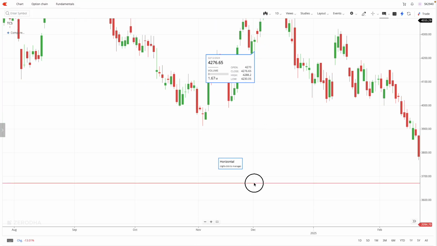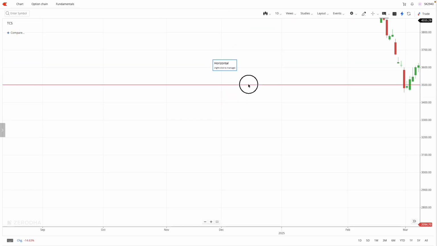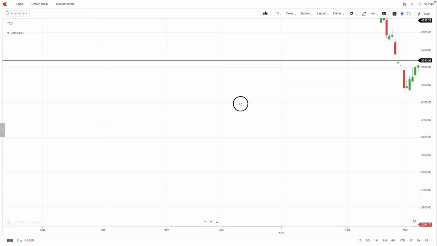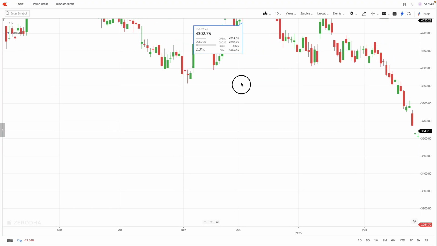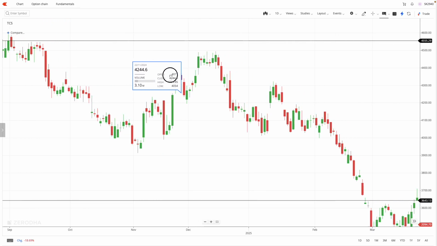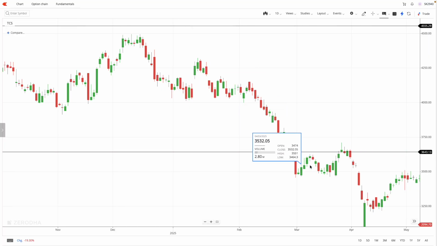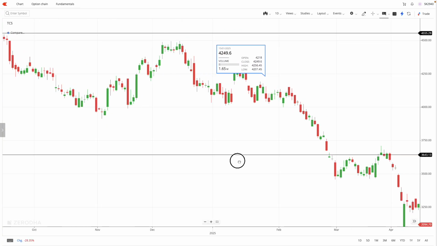I already have a line, so 3642 is somewhere here. Slightly above, doesn't matter. 3643, yeah, that's fine. It's rough. So you are looking for the stock to come down below that, and eventually it closes below here, on 25th of February 2025. So you entered the stock here and then you exited here.